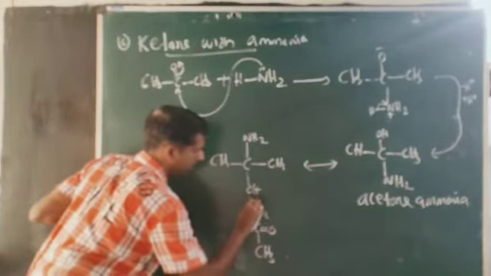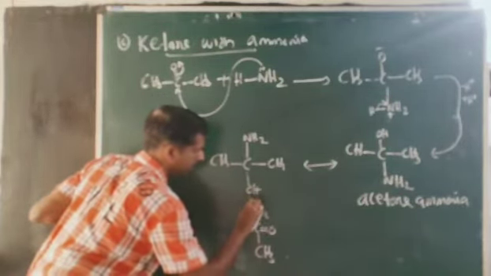In the presence of mineral acid, H plus, minus H2O. H2O is eliminated, and we get RCH double bond NOH. The product, if you take aldehyde, is aldoxime. You can take any example.